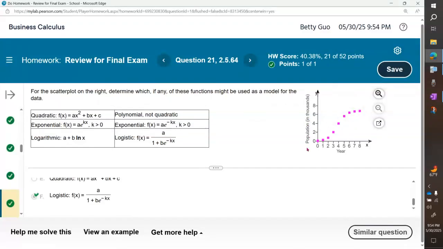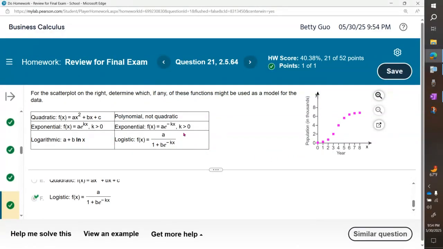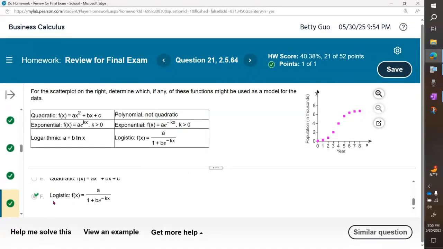But since it's a population, if we choose a degree 3 polynomial function, it goes up forever. So that means population goes up forever. But we know population at a certain point won't go up forever, right? It has a horizontal asymptote. So yeah, this is the logistic function. Supposed to be this answer choice. I would like you to spend time to study these six types of functions and their graphs.